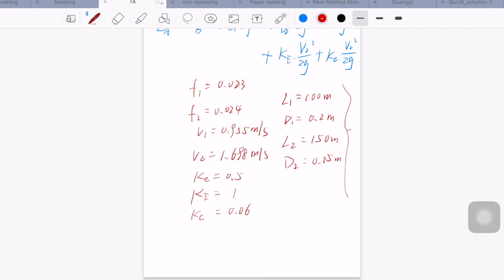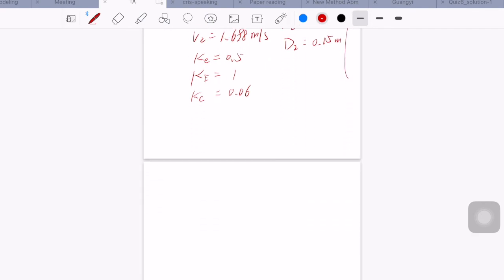So we can determine that ZA should be equal to 114.24 meters.